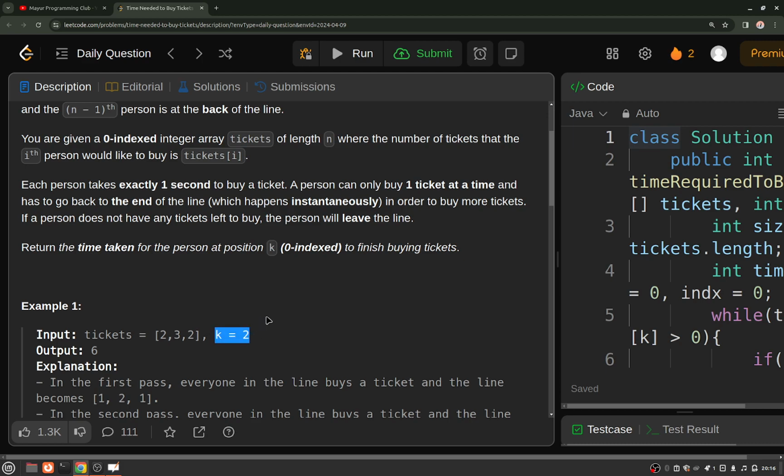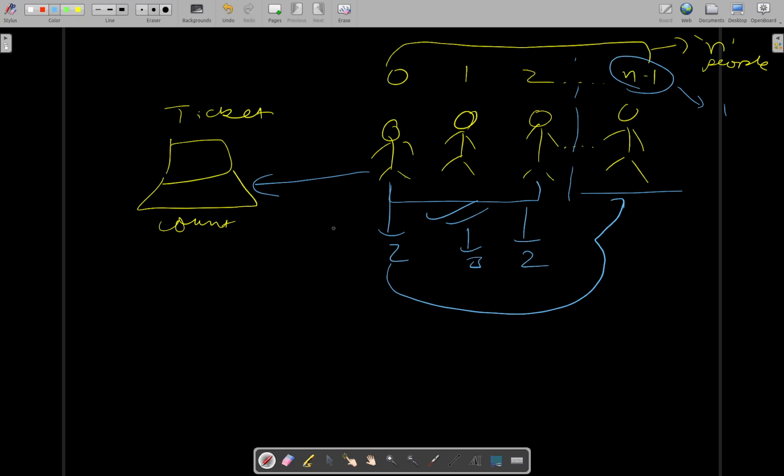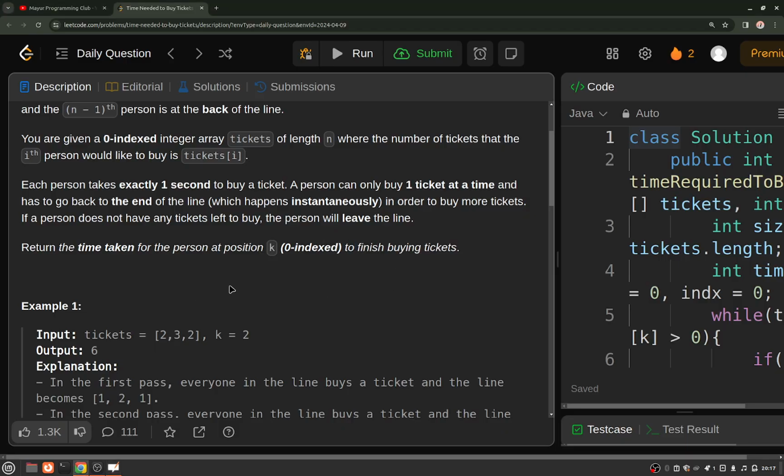It is being asked what the total time will be that has passed when this k person has finished buying his tickets. So you need to tell the total time required for this person to buy tickets. Let's see how we can solve this.